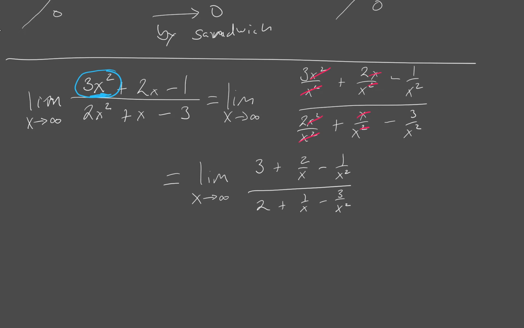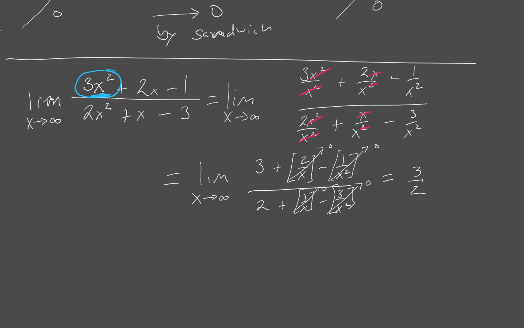Okay. Each of these little bits in here, this one, that goes to 0, right? A constant value divided by something that gets really, really big goes to 0. That fraction goes to 0. This fraction goes to 0. This goes to 0. This goes to 0. All those go to 0. And all I'm left with is 3/2.